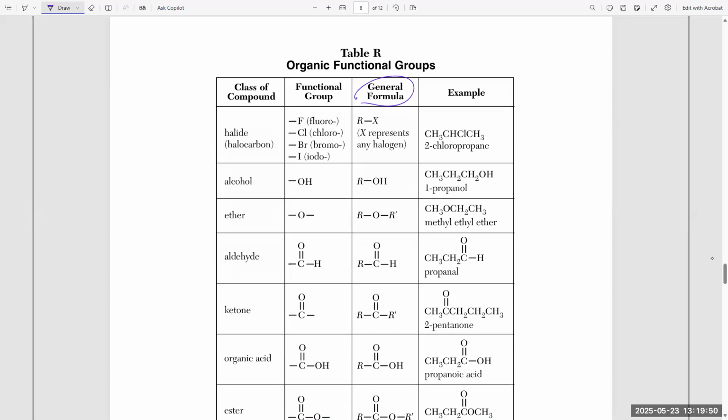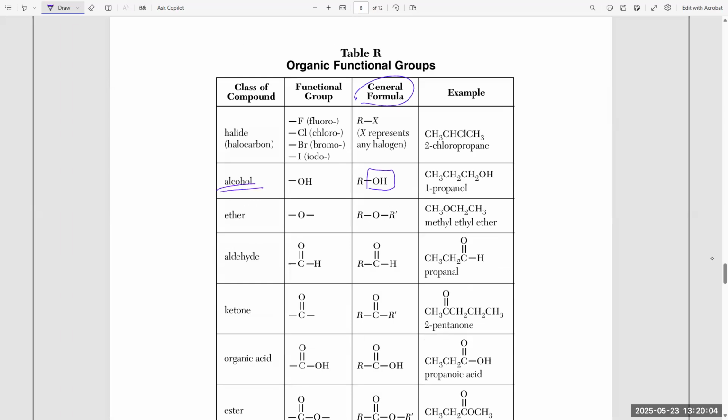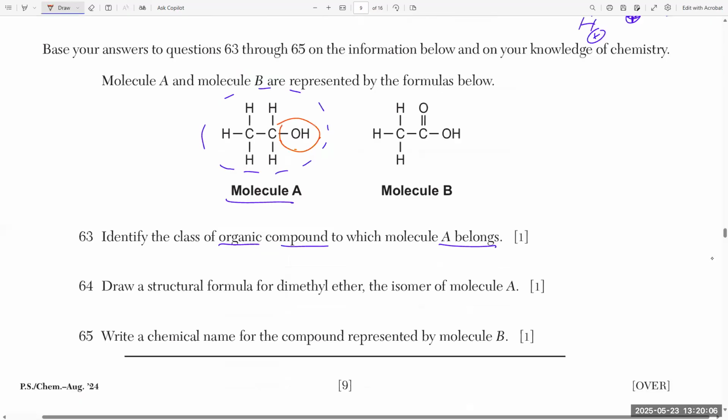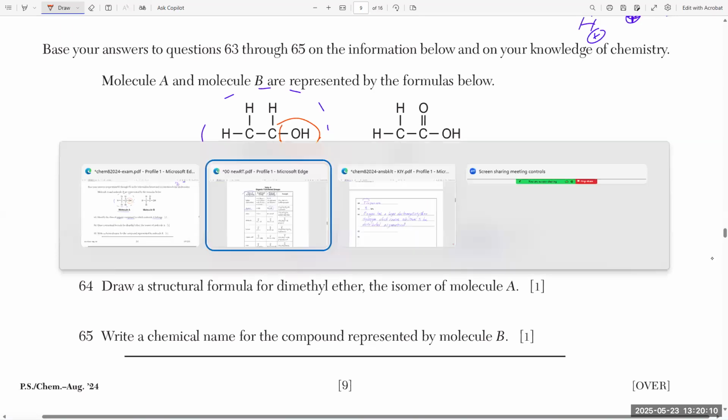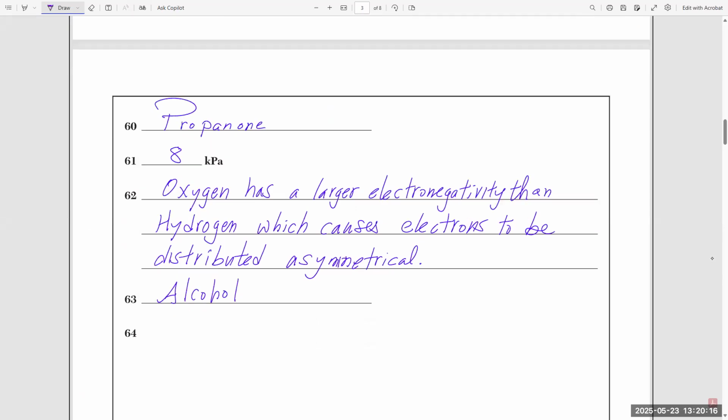There it is. They all have R's, but this is the only one that has an OH coming off, kind of like this one. So what is that called? That's an alcohol. That's the class of compound. They said identify class, so you just write alcohol. It's that easy, folks.